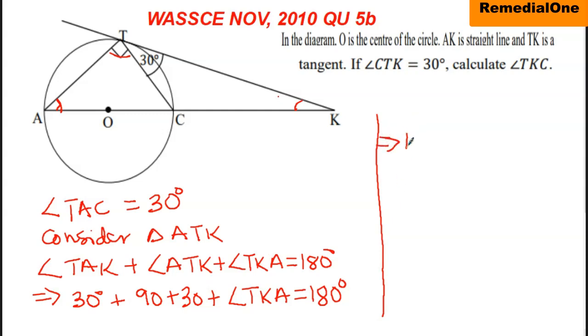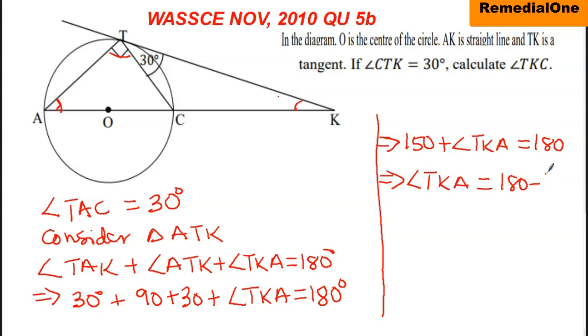This implies that 150 plus angle TKA is giving us 180. So we want to find angle TKA. So angle TKA equals 180 minus 150, which is 30. But looking at the question, we were asked to find angle TKC. And you realize that angle TKC is the same as angle TKA.